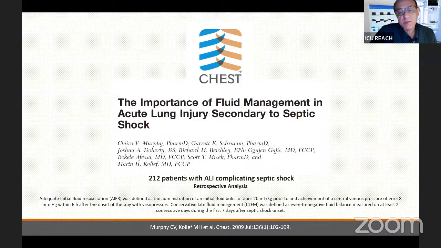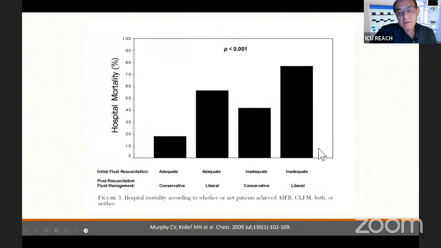In this study that was published in 2009 in the Chest, it shows that if the patient received adequate initial fluid resuscitation and conservative post-resuscitation fluid management, they would have better outcome compared to if the post-resuscitation fluid management was liberal, or if they had inadequate initial fluid resuscitation, or if they had both inadequate fluid resuscitation and liberal post-resuscitation fluid.